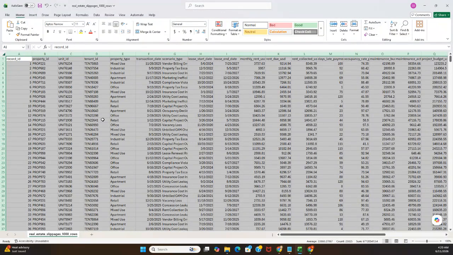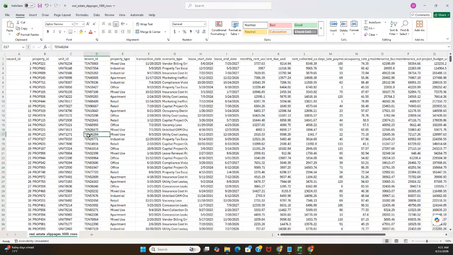Any system, any software will generate a CSV file for you. You store it locally in your machine, you are not putting it into any server, and later on you just point to it. You drag and drop it when you start your analysis.